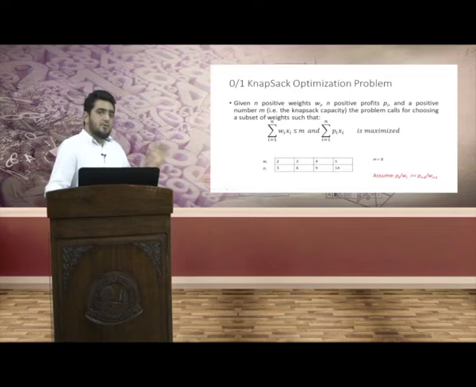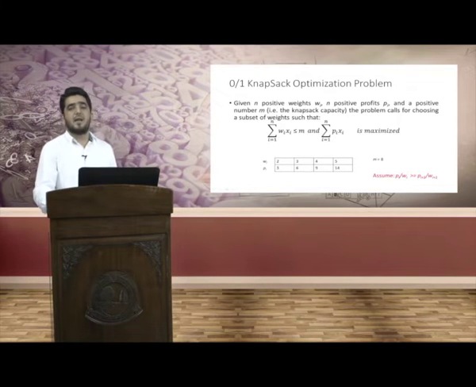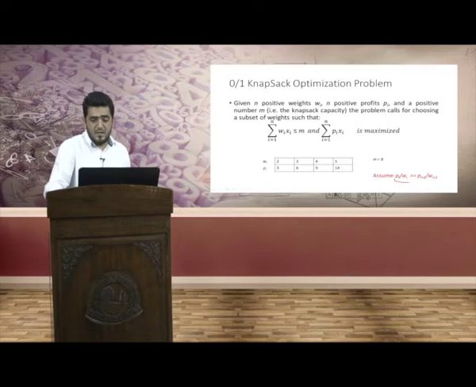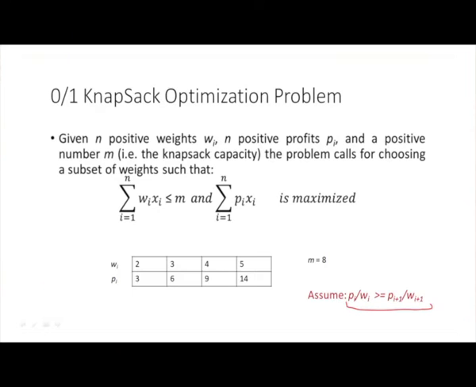Now, in order to devise a solution to this 0/1 knapsack problem using backtracking, the important assumption that we are making concerns the order in which we consider our profits and weights. Each item has a profit and a weight associated with it.